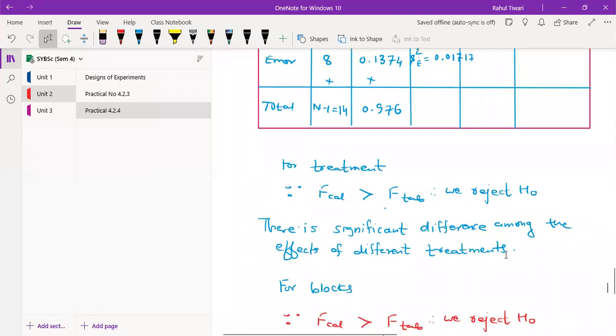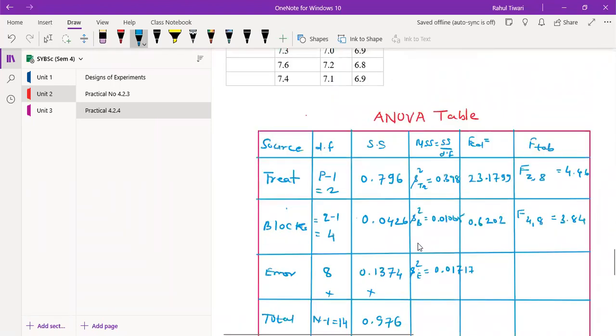In brackets you can call them methods, because we are comparing different methods. We should call them methods, because we have different methods and different analysis.